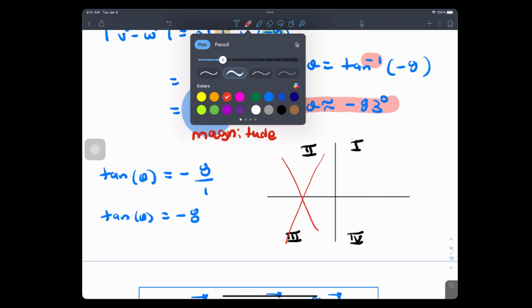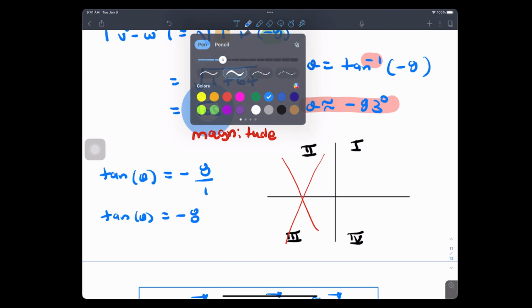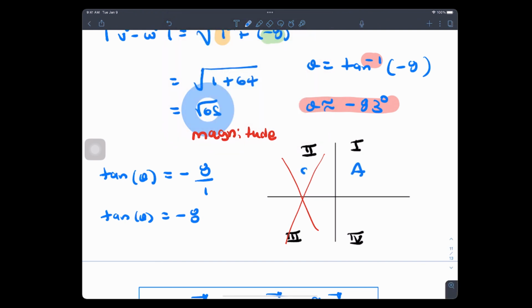So what that really means is that when you say all students take calculus, tangent is positive in quadrant 1 and tangent is negative in quadrant 4. Is that true? You're looking at the picture. This is why we said all students take calculus.